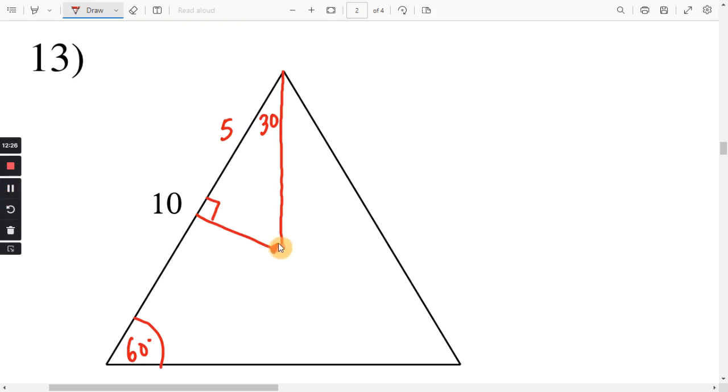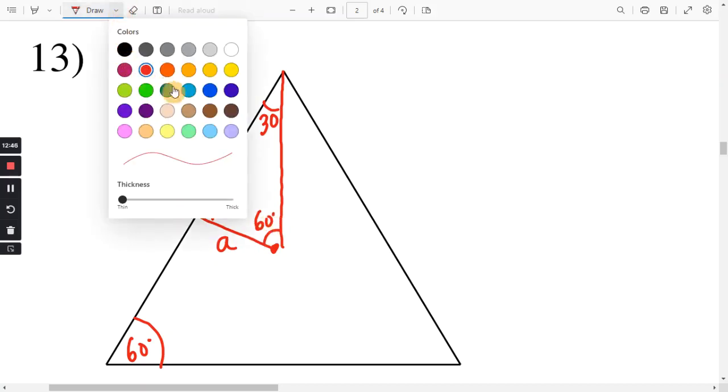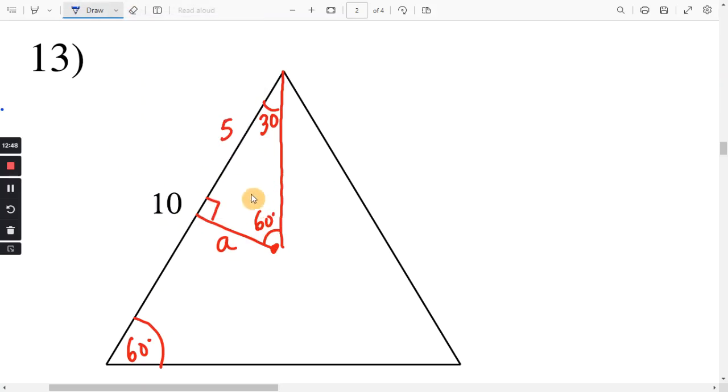All right, so if you go from the center to the midpoint of the side, that's your apothem A. Okay, if this angle is 90 and this is 30, then this one here has to be 60. All right. So you go across from your right angle.